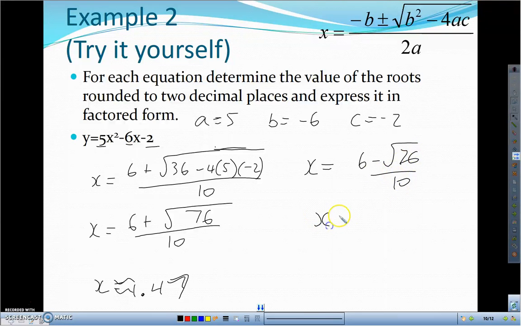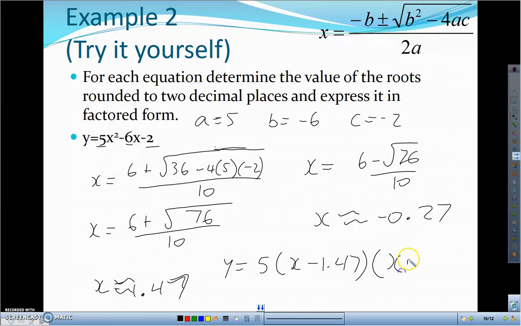So x is approximately equal to negative 0.27. And so in factored form, our a value is 5, y equals 5 bracket x minus 1.47 times x plus 0.27. And we've now found the factored form, to 2 decimal places.